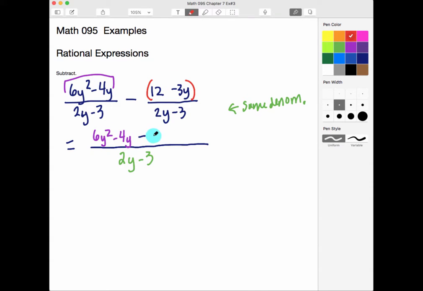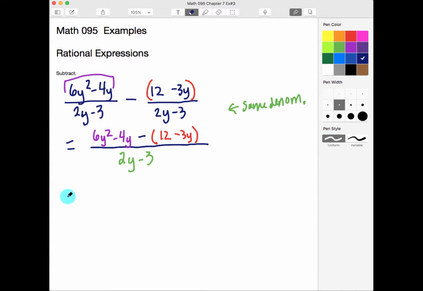When I go to write the numerator, I need to subtract the entire quantity of 12 minus 3y. So we don't just write down the numerator and denominator. I put this extra set of parentheses only around the second numerator so that I make sure to get the correct signs, because I'm subtracting a bunch of stuff, not just one thing.